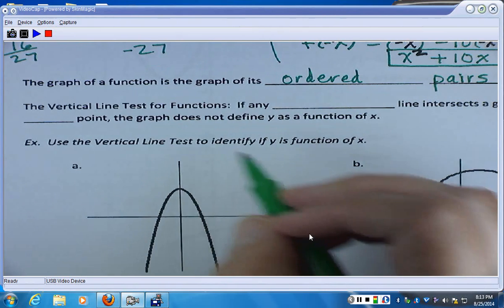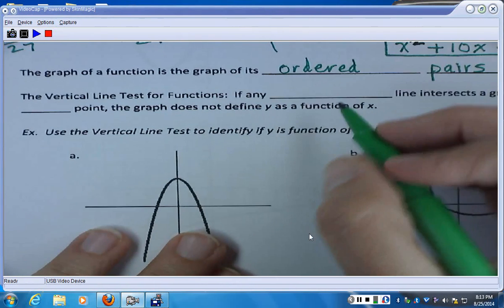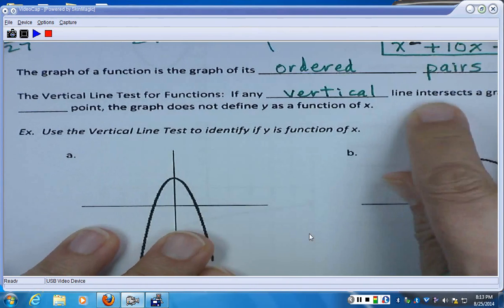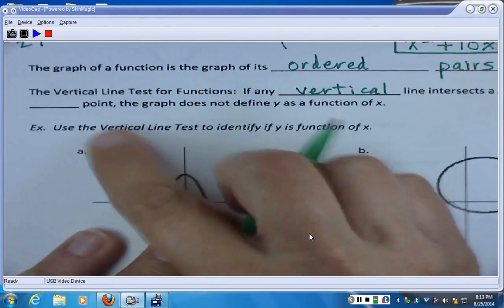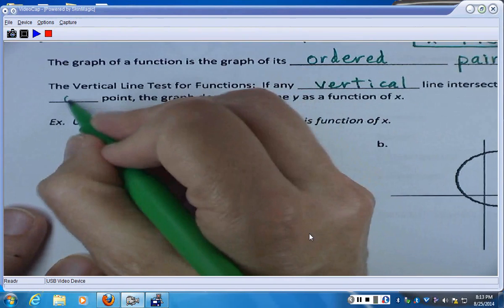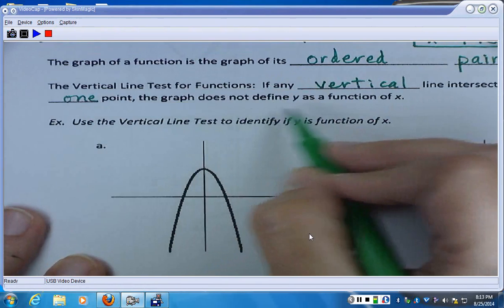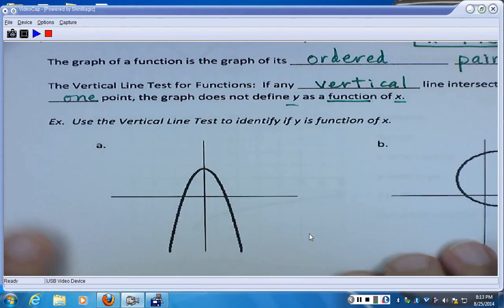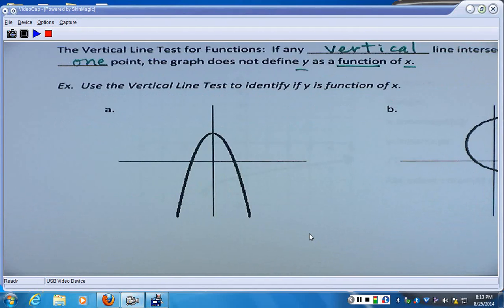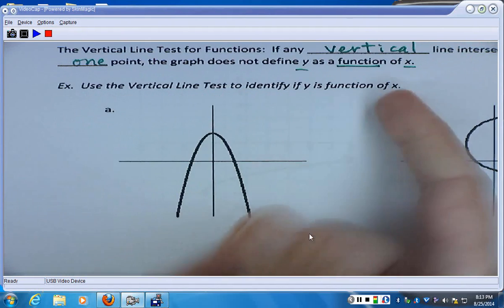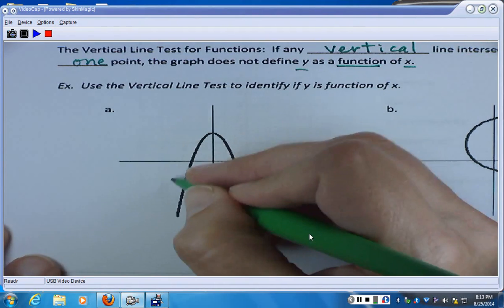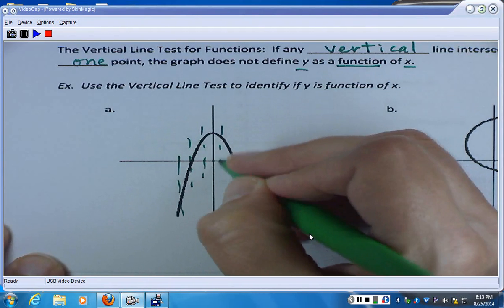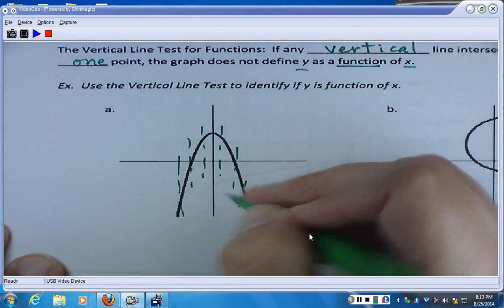The vertical line test for functions is if any vertical line intersects the graph in more than one point, the graph does not define y as a function of x. So we're going to use the vertical line test to test if y is a function of x. So no matter where on here that I draw a vertical line, can I go through more than one point? No. So this is a function.